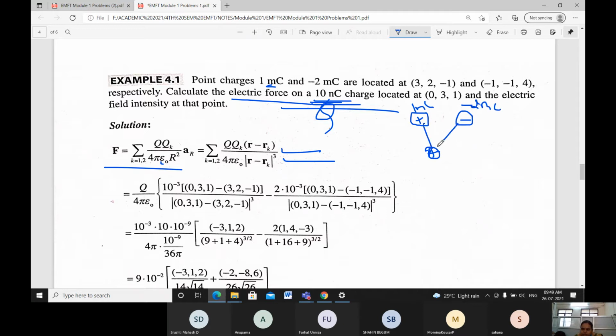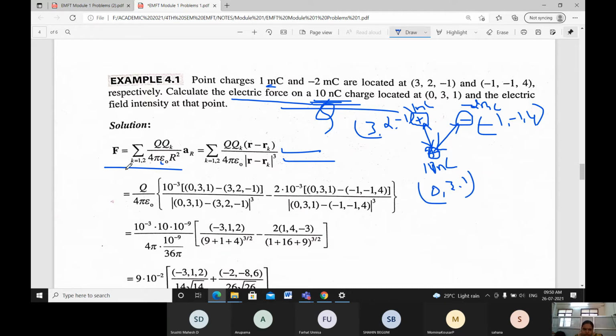The force is for the 10 nanocoulomb charge. The position of the second charge is (-1, -1, 4), the first is (3, 2, -1), and this location is (0, 3, 1).